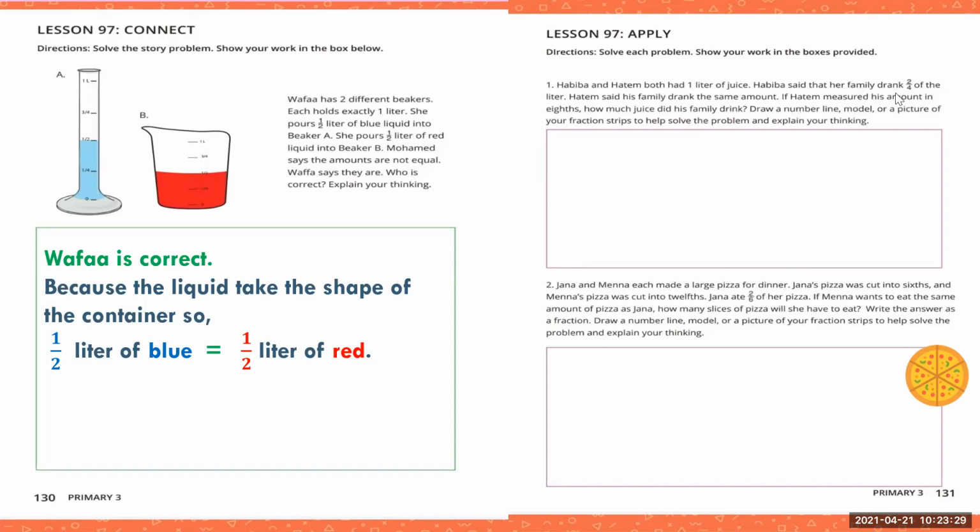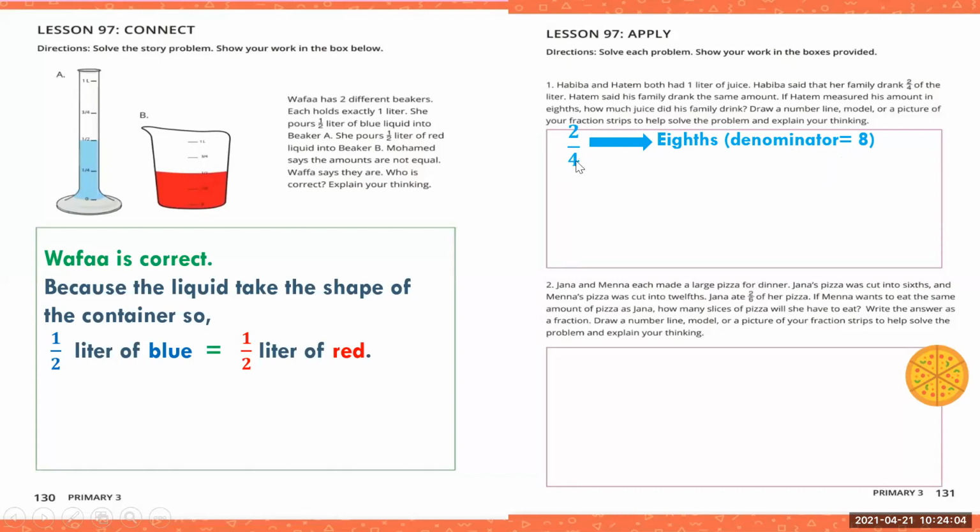Habiba said her family drank 2/4, and Hatem said his family drank the same amount. So, focus with me. If Hatem measured the amount into eighths, how much did his family drink? Here, we have the same amount, 2/4, and another amount in eighths. 8 means the denominator is 8.